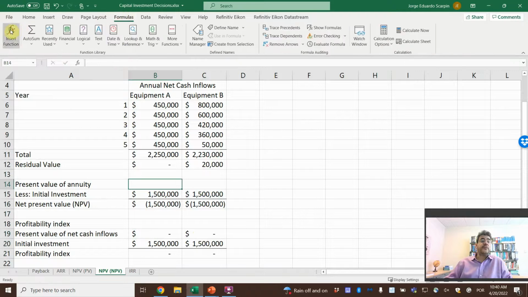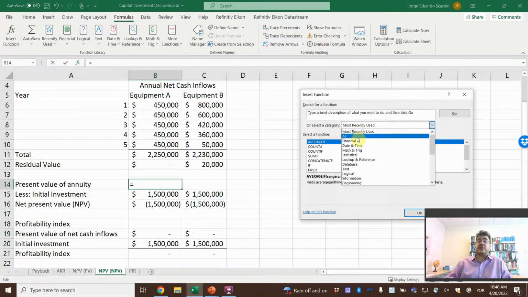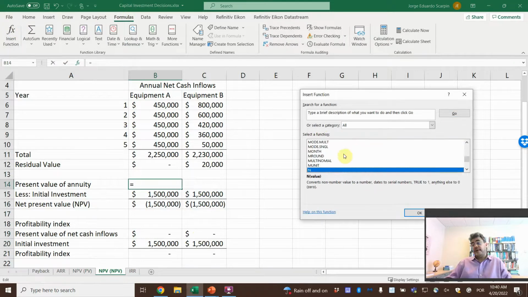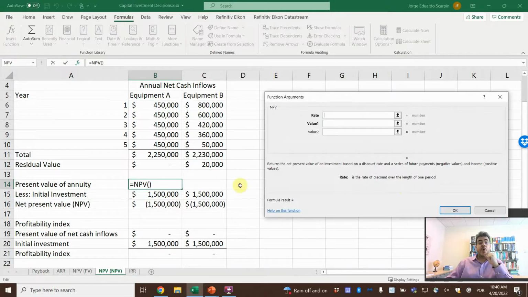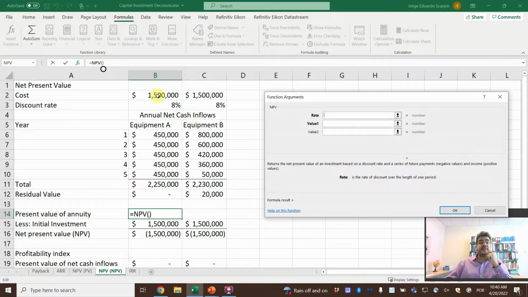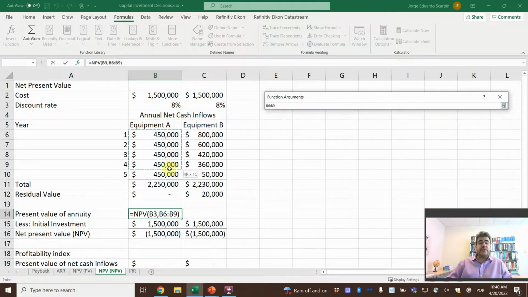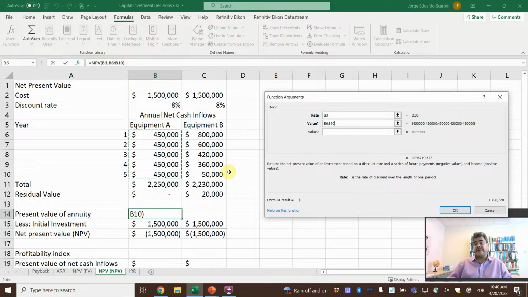Let's go. Formulas, insert function, all. Net present value, NPV. So let's go here, NPV, formula. What do we need? The discount rate, 8% here. Now the values, value 1, 2, 3, 4, and 5, they are here. So, okay.